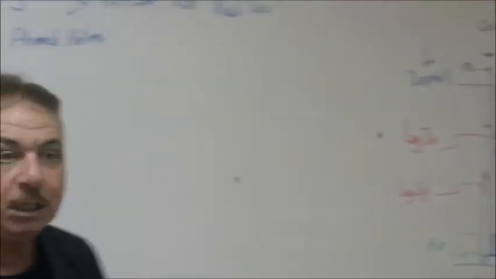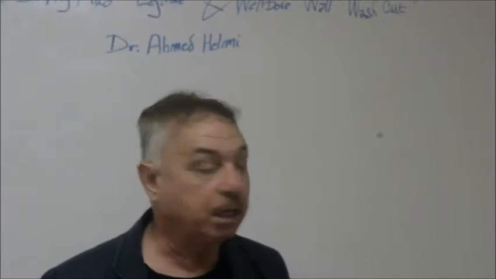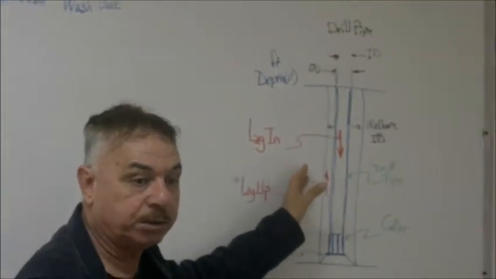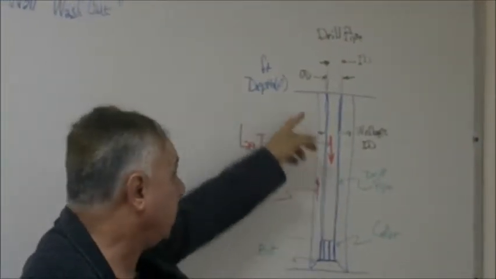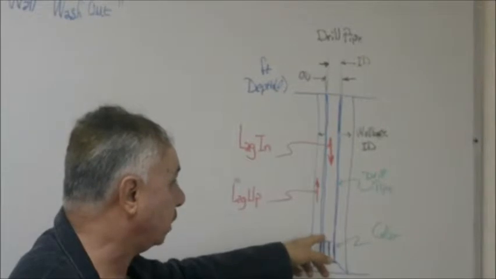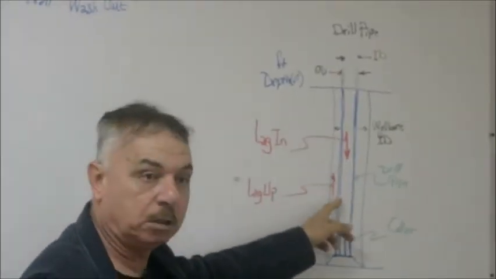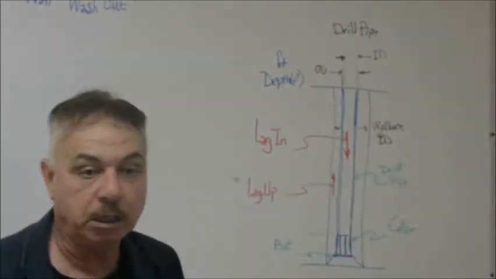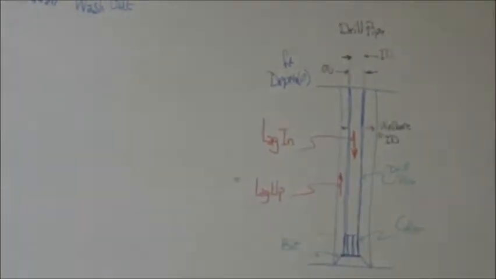This pump should be reciprocating. It helps us in calculating how many barrels of mud are inside the drill pipe and how many barrels of mud are in the annulus.